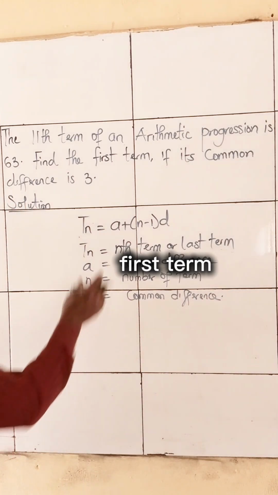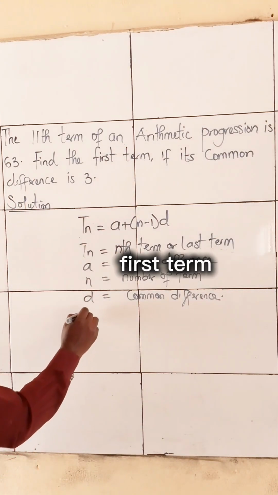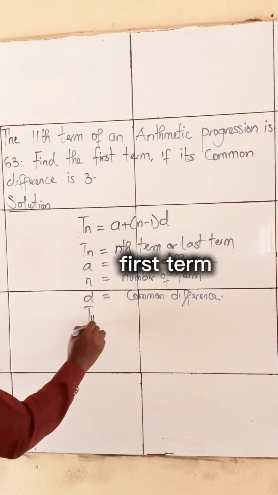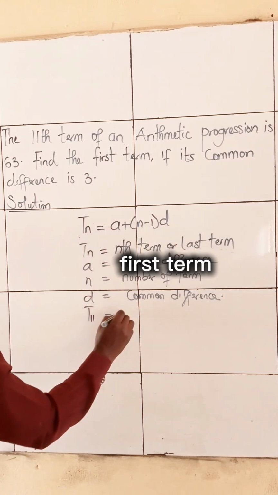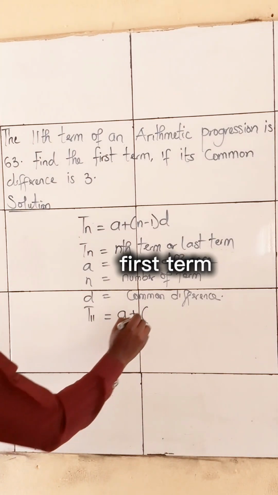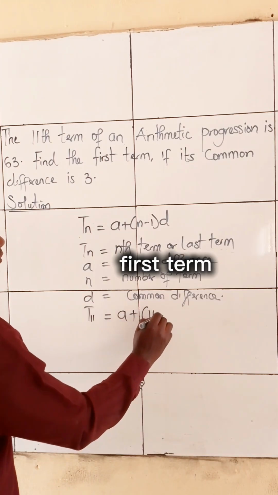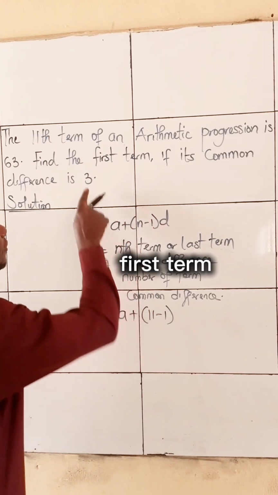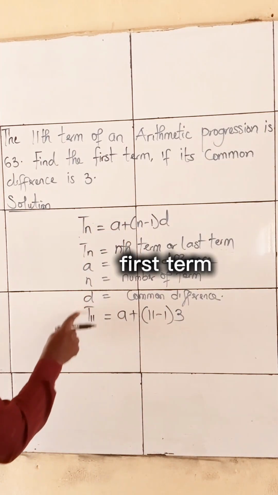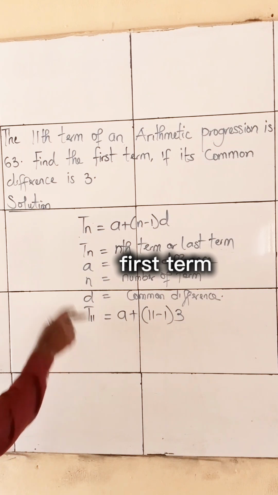Okay, so substituting what we have here in the formula, so we have Tn, so T11 equals to a plus, all right, the number of terms now is 11 minus 1, and the common difference is 3. Now remember, this T11 is 63 from the question.